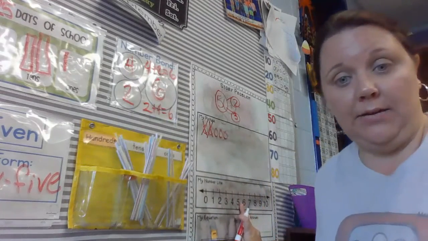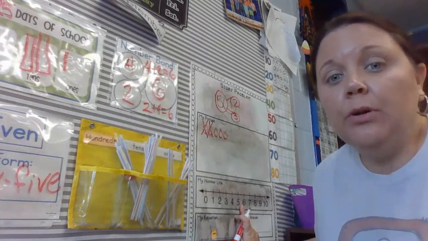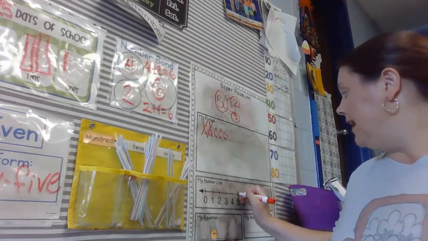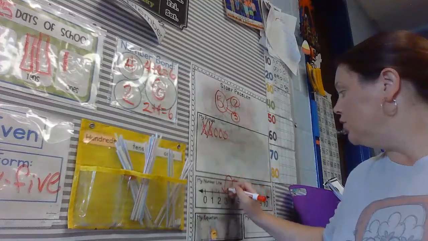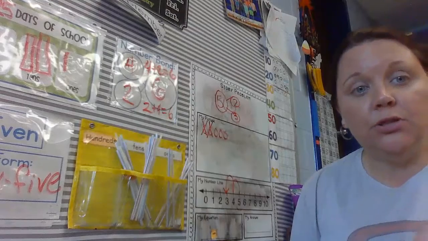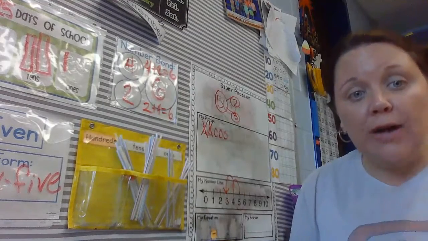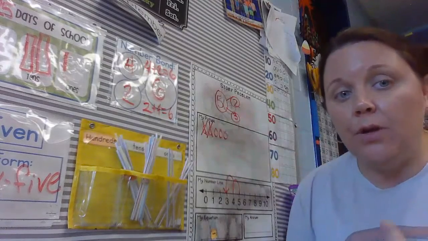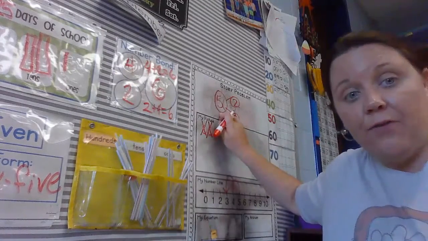A number line. Use your number line to help you find the missing part, the part that's left. You would start at 5 and you would jump back 2. Why would you jump backwards? Because we're subtracting. When you subtract, the number gets smaller because you're taking away from the whole. We took away from the 5.